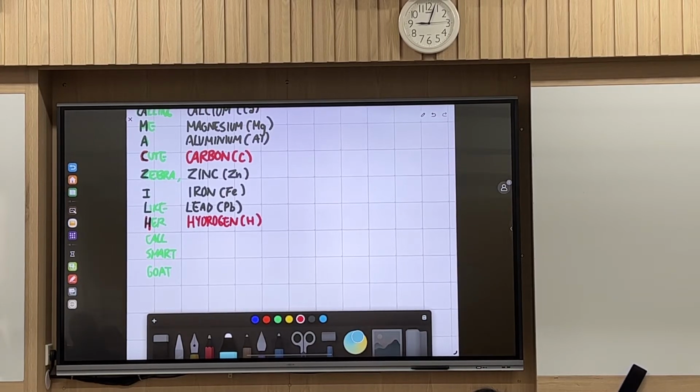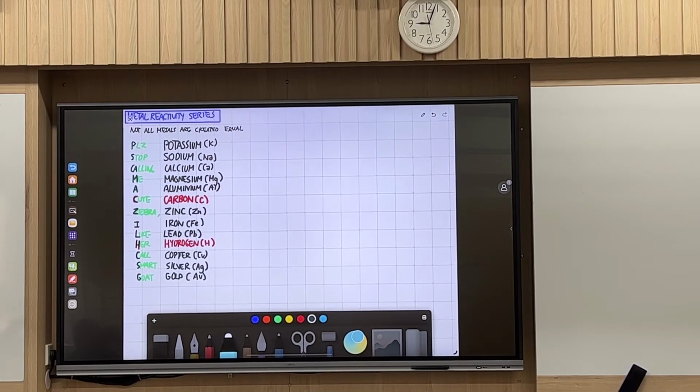Finally, we have copper, silver, and gold: Cu, Ag, and Au.